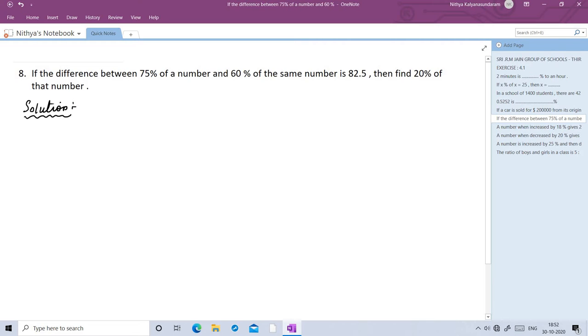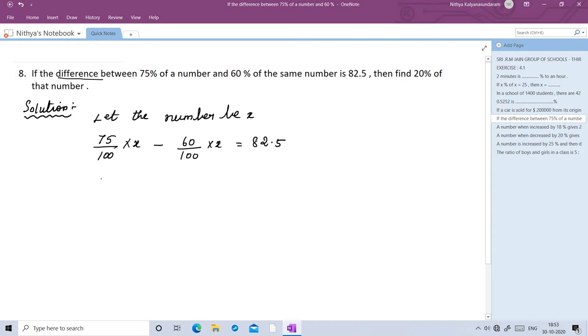So we have to consider, let the number be x. So 75% of that number. Difference means we want to subtract: 75 by 100 into x, the number we considered as x, minus 60% of that same number, so into x, is equal to 82.5.